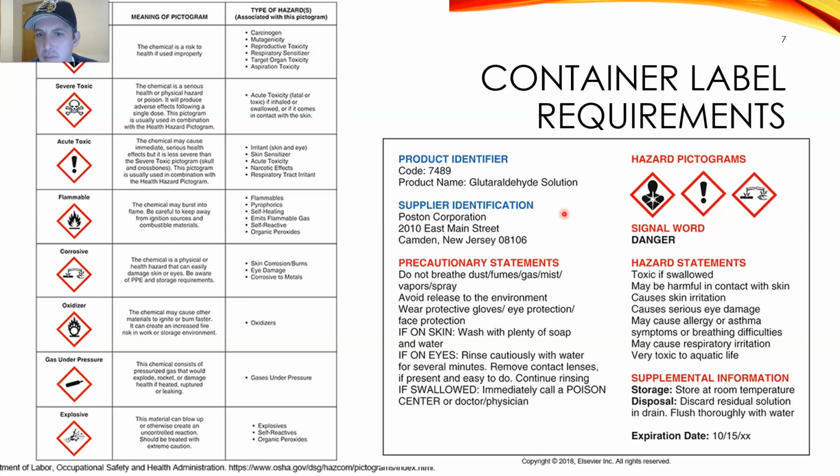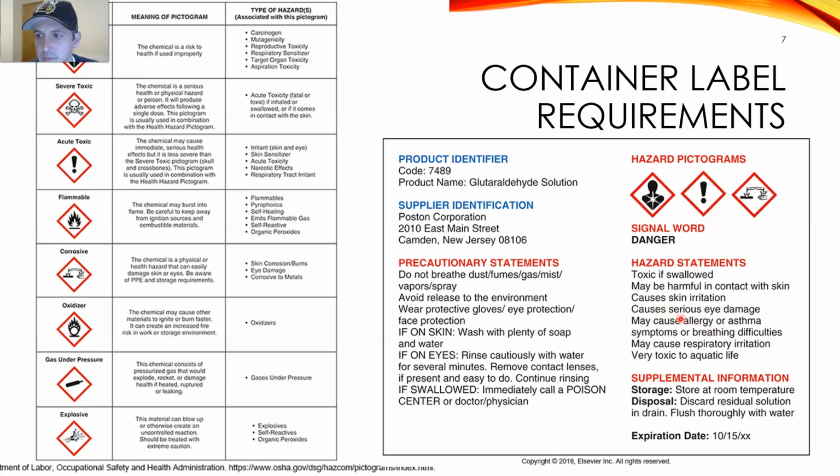So if there's a potential for the chemical to catch fire, react with other chemicals, explode, all of those then go into these different pictures that you can see. So like flammable, corrosive, oxidizers, gas under pressure, explosive within there, and you can see those are included within those pictures. There also has to be health hazards of the chemical, right?